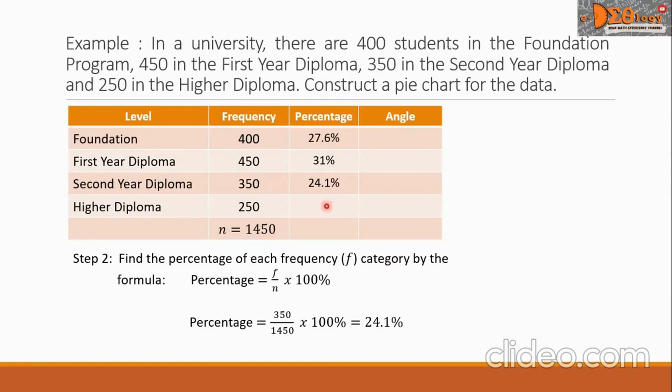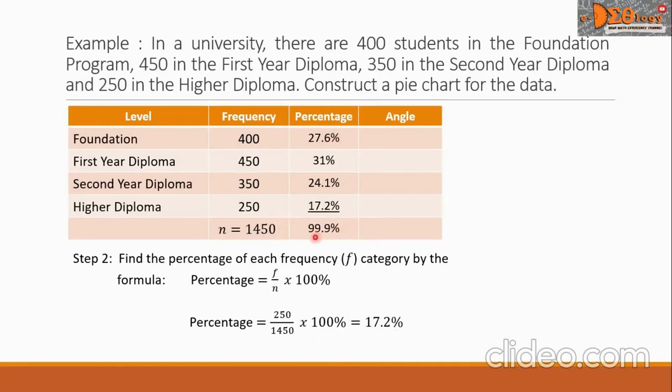The last blank is 17.2%, and this comes from 250 divided by 1450 times 100%.